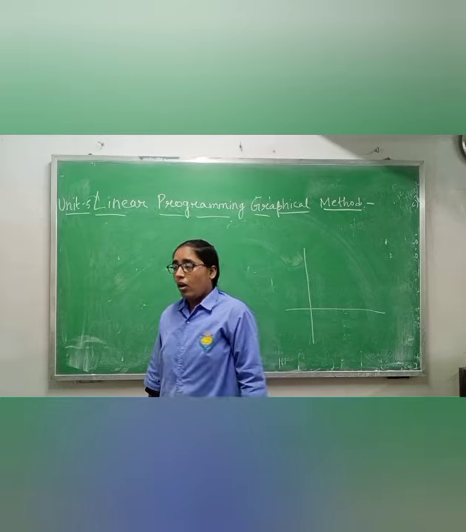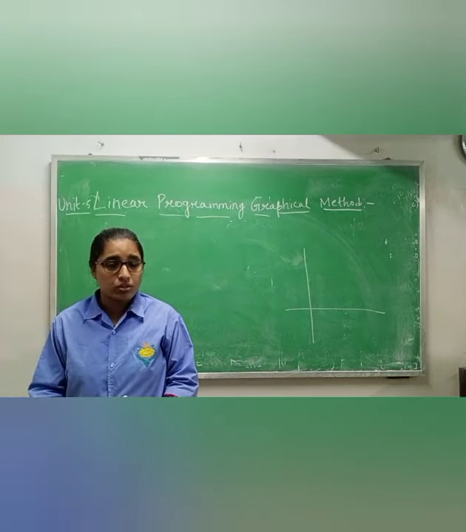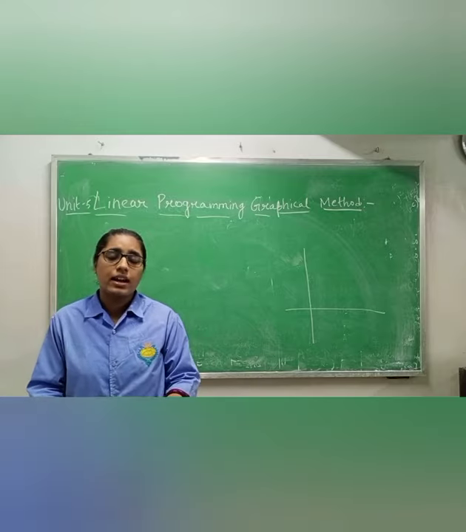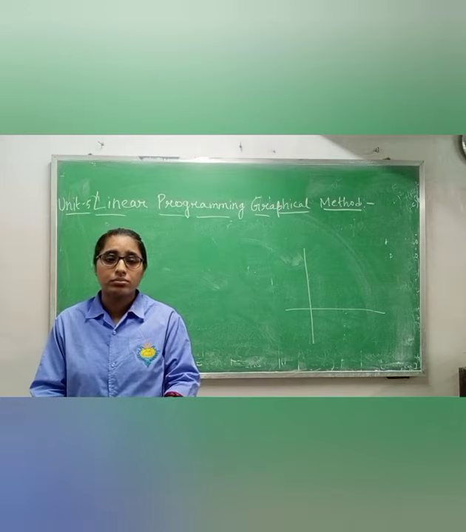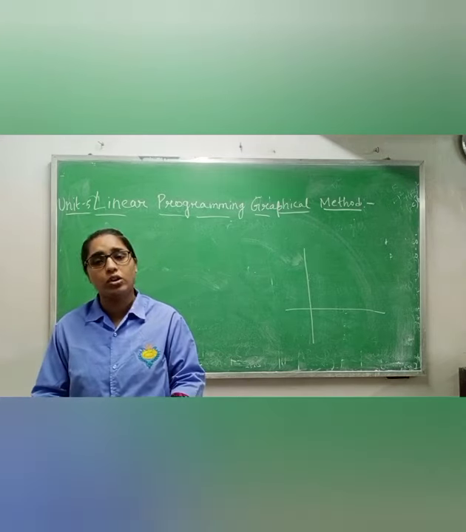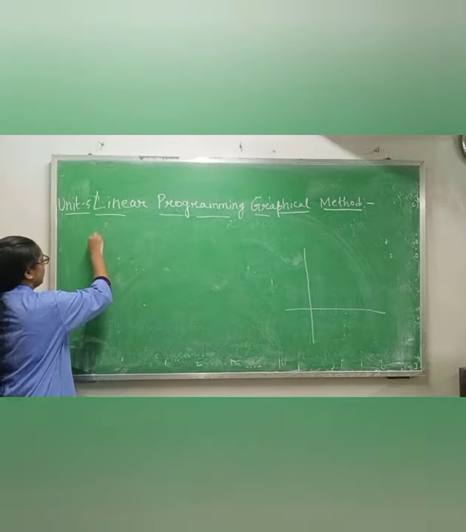Now, from this chapter one 5-mark question will come, and mainly I have seen that in the last 5 years' questions, they are giving you either a maximization problem or a minimization problem.